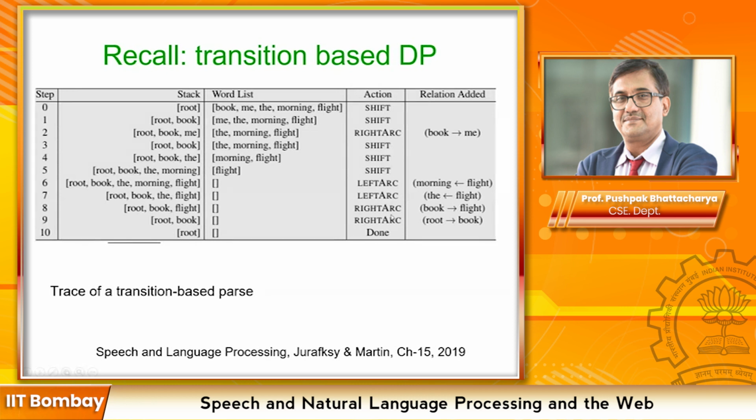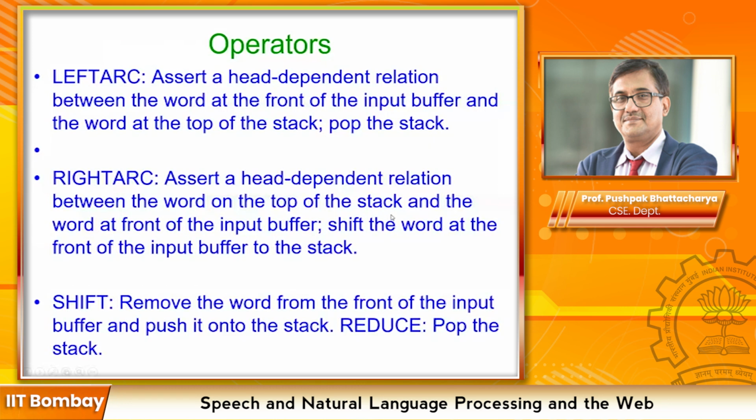So you recall that Book Me the Morning Flight we just now discussed involves shift, right arc, and left arc operations. Now left arc, what is the nature of left arc operation? Let's read it carefully. Assert a head and dependent relation between the word at the front of the input buffer and the word at the top of the stack, and pop the stack. Okay, so this is the left arc operation.